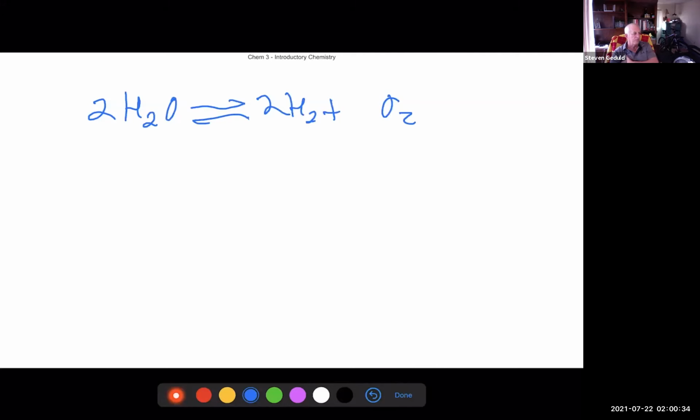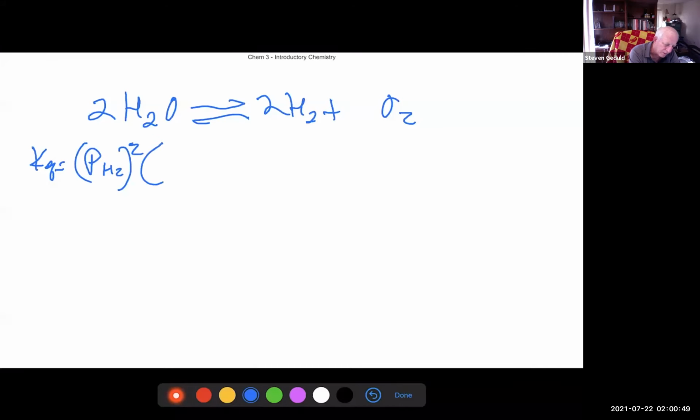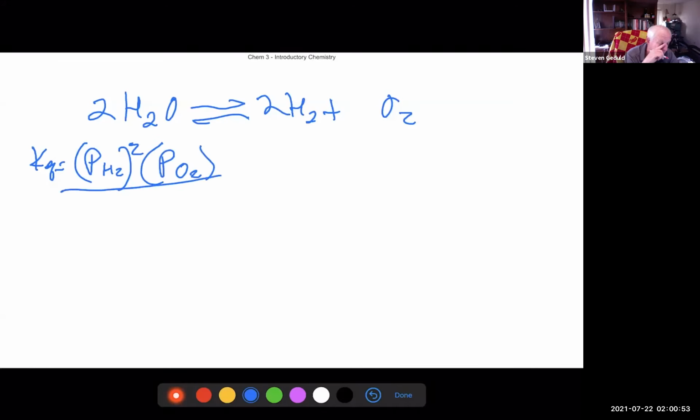So the equilibrium constant is equal to the partial pressure of hydrogen squared times the partial pressure of oxygen, divided by the partial pressure of H2O squared. And plug in our numbers.